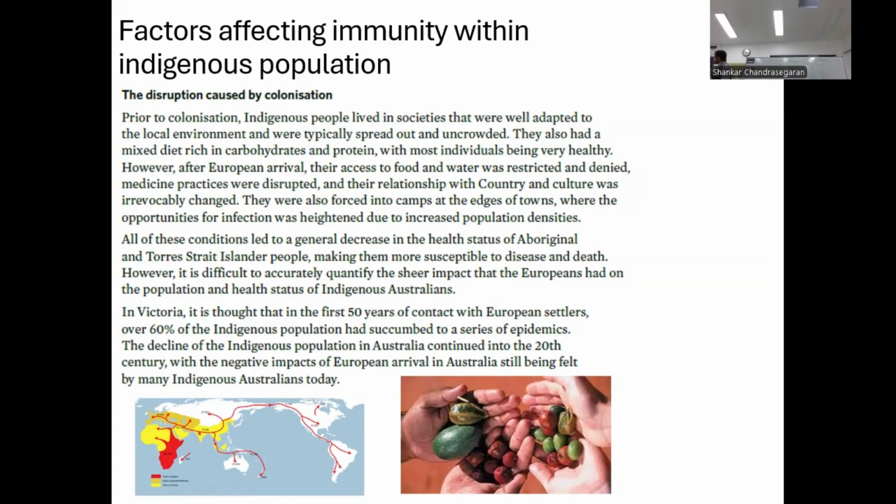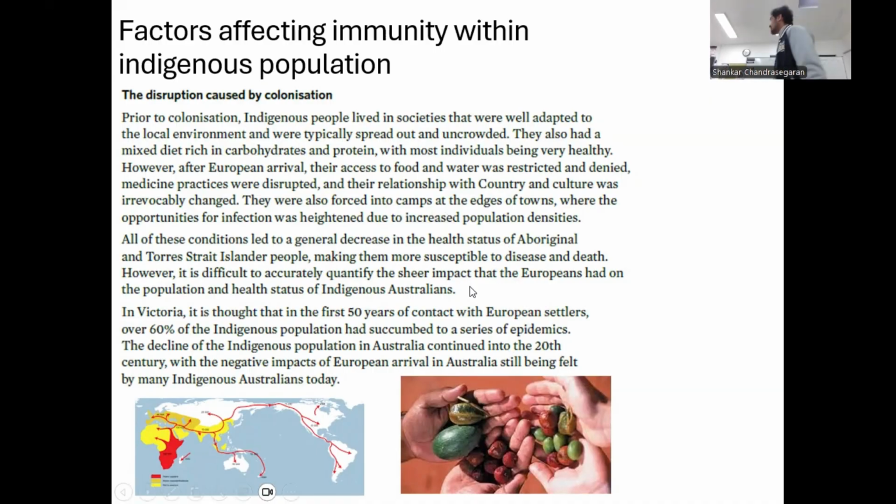But when European populations invaded and colonized the indigenous people, a lot of disruption was caused, where food, water, access to medicine, all these normal things that Aboriginal people could do for themselves, were prevented, halted, or controlled. This meant that a lot of Aboriginal people were in a state of suffering, and they couldn't get the things that they needed.